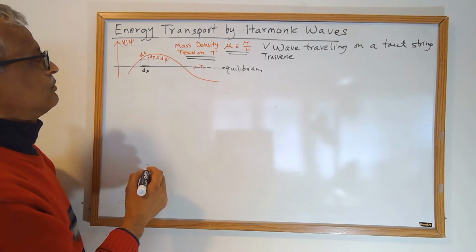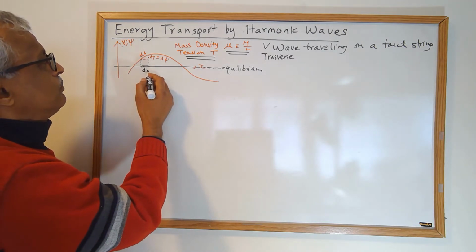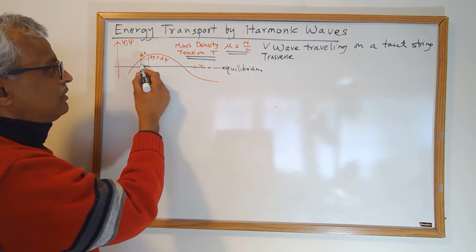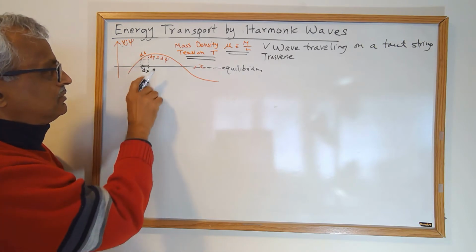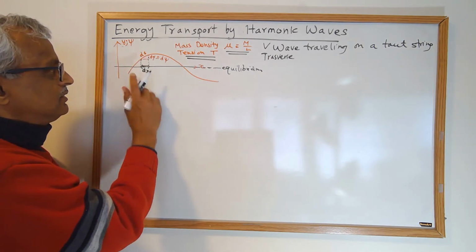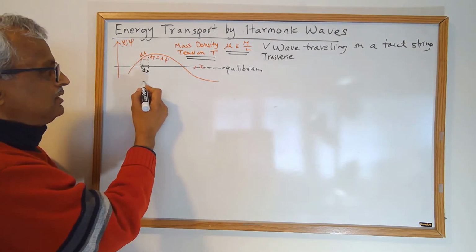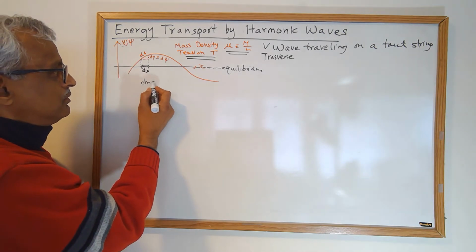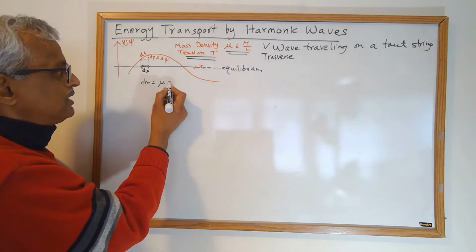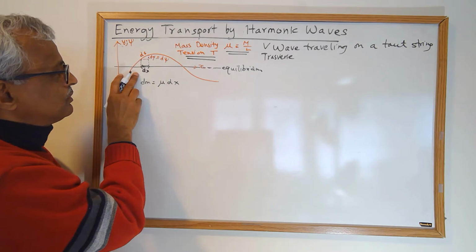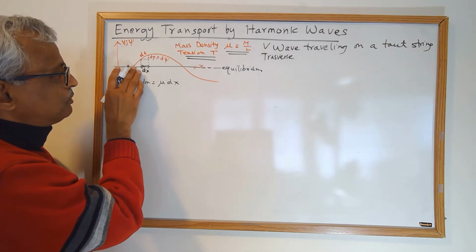Okay, we want to know what is the energy of this mass that sits there. So the mass there will be dm, which is mu times dx. So I want to know what's the kinetic energy, what's the potential energy.